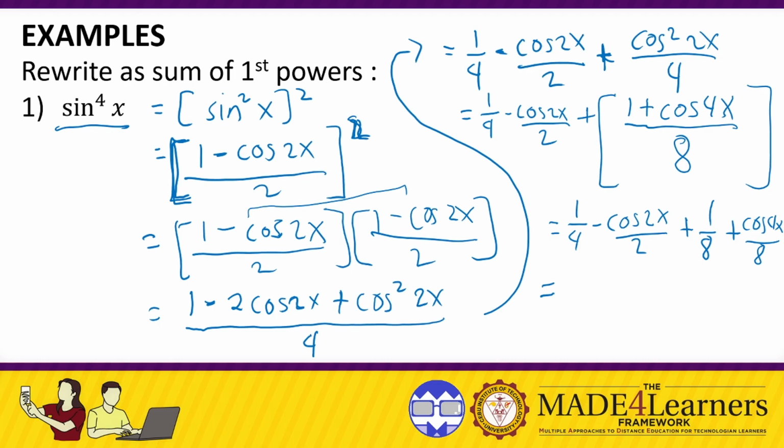So we have 1/4 plus 1/8. 8 divided by 4 is 2, then plus 1, so this is equivalent to 3/8. So it's 3/8 minus cos 2x over 2 plus cos 4x over 8. So this is the final answer.